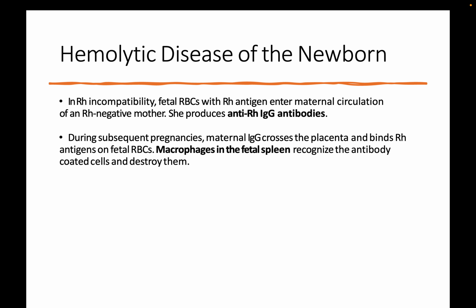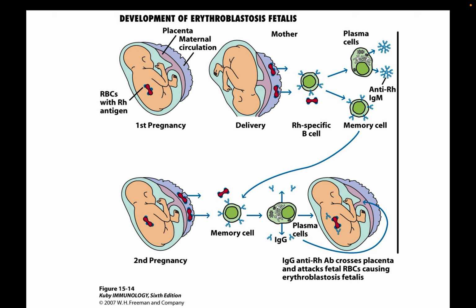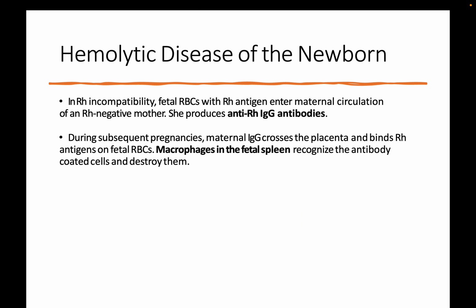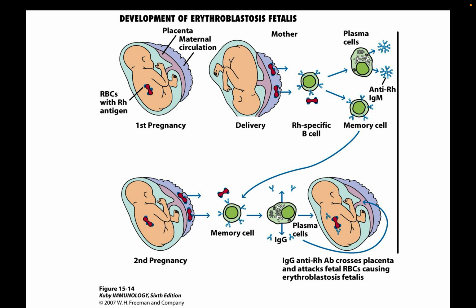Another type 2 example is hemolytic disease of the newborn. I love to explain this using a diagram. This is also related to red blood cells, but rather than the group type, this is about the Rh antigen.